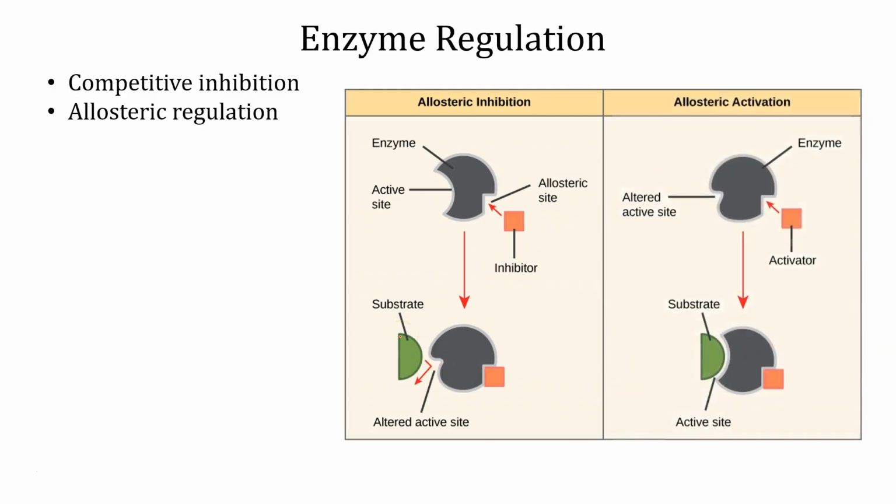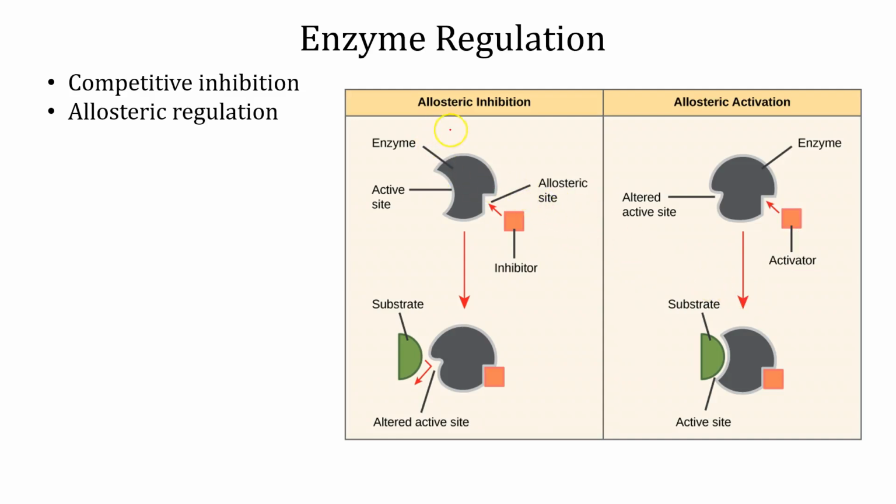On the flip side, you could also have something where the allosteric site is utilized to activate an enzyme. So in this case, the natural state of the enzyme is to not be working, and then the particle in this case would be called an activator. It can bind to the allosteric site and then turn the enzyme on.